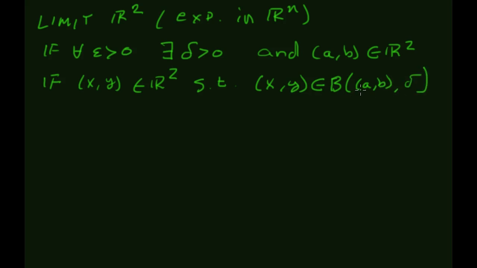So there's where our delta ball is coming in. So we're going to center the ball at (a, b), it's going to have radius delta, and (x, y) is going to be inside that ball.